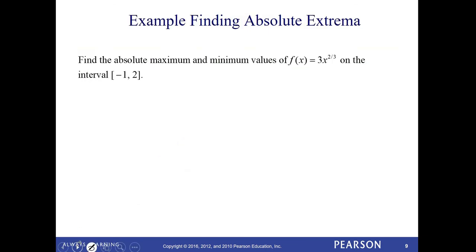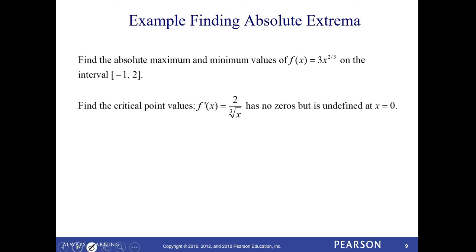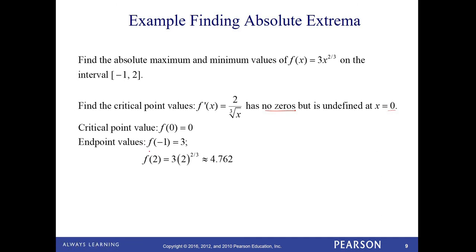But let's look at how we find absolute extrema. So we're going to find the absolute max and min of f of x equals 3x to the 2/3 on this interval. The first thing we have to do is find our critical values. This one has no zeros, but it is undefined at x equals 0. So our only critical point value is that f of 0 is 0. Now remember, we also have to check our endpoints.